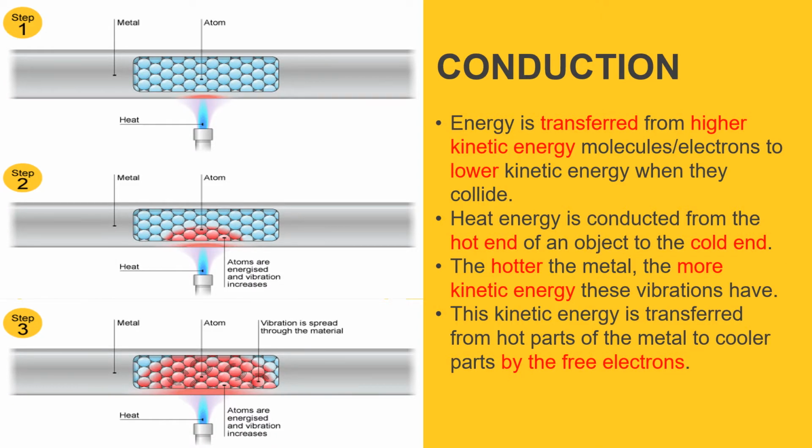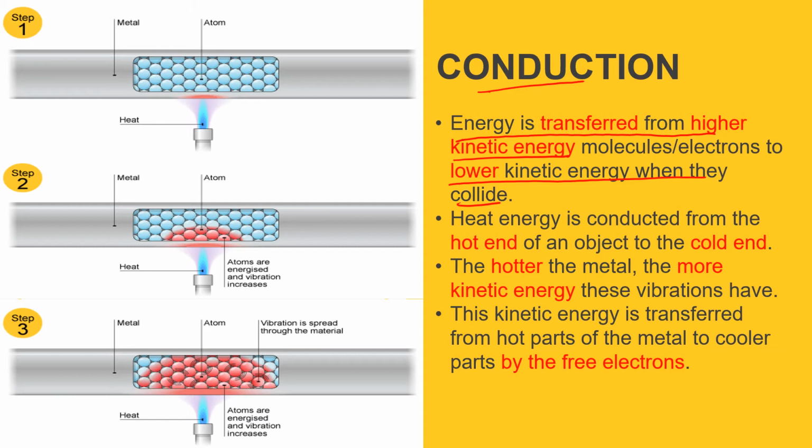Okay, so we go to the detail on the conduction. Okay, so conduction ni berlaku bila energy is transferred from higher kinetic energy molecules or electron to the lower kinetic energy when they collide. Okay, dia mestilah daripada higher kinetic energy to the lower.